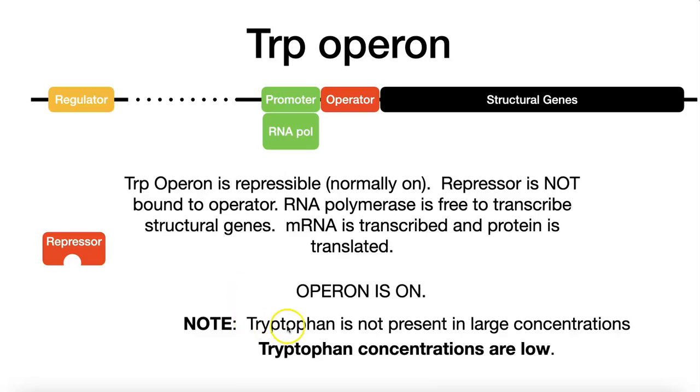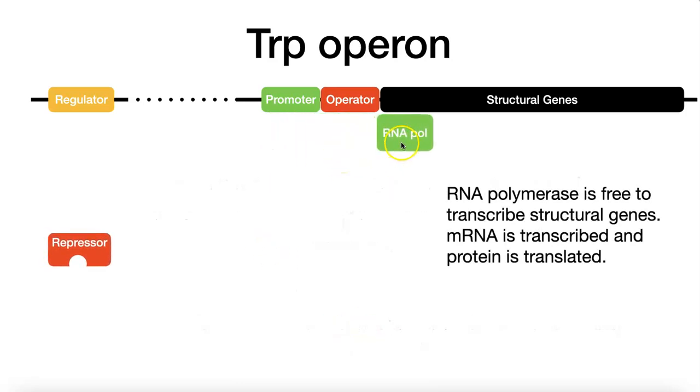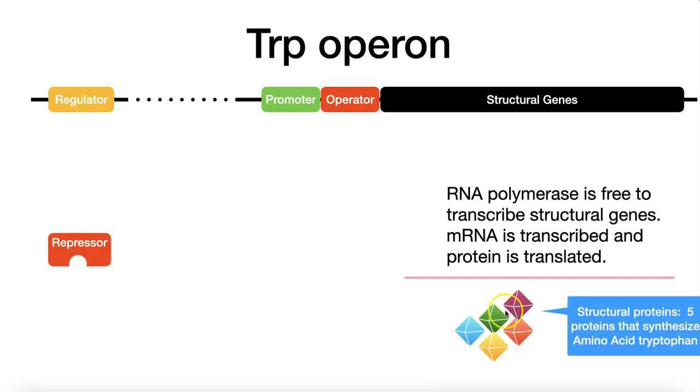So when tryptophan concentrations are low, this Trp operon will be on. RNA polymerase can get access to that structural gene and transcribe it. And then that piece of mRNA is used to make 5 proteins. And these proteins are used to synthesize tryptophan.